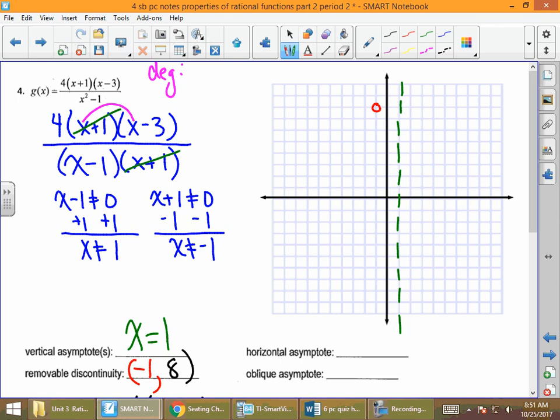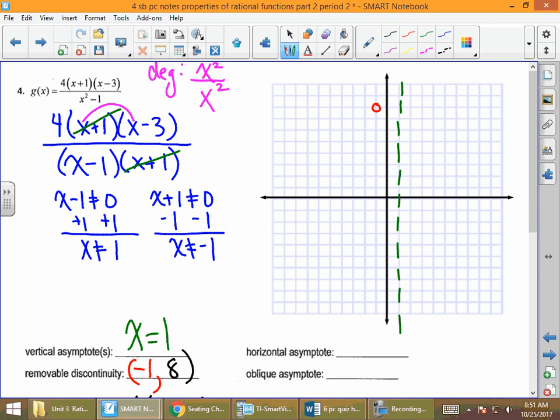Well, it would be x times x, which would be x squared. That would be the degree on the top. And I know I didn't look at the 4, but we would have to FOIL. We get x squared in the top. And then if you notice in the bottom, we also have x squared.